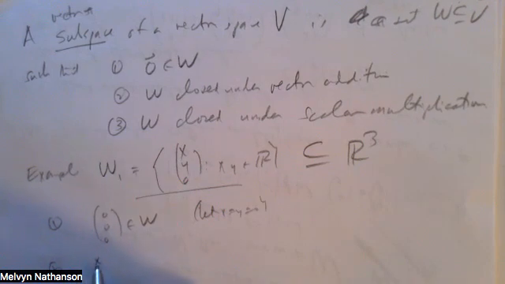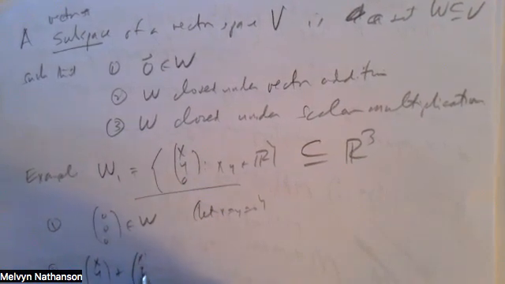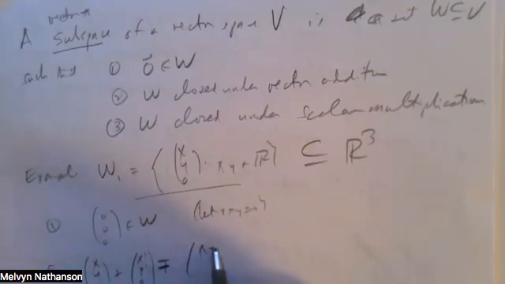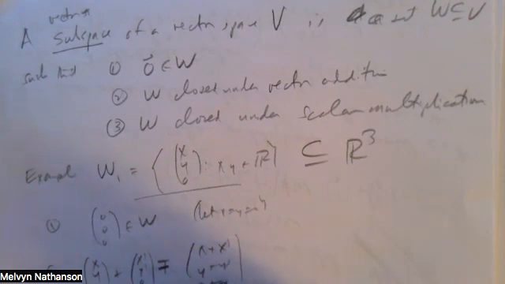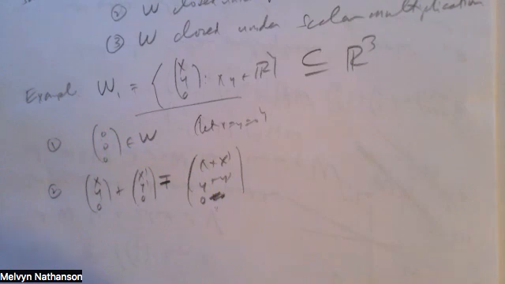Second, if you have x, y, 0, and x prime, y prime, 0, and you add, you get x plus x prime, y plus y prime, 0 plus 0, which is just 0. So adding two vectors where the third coordinate is 0 gives you another vector whose third coordinate is 0.